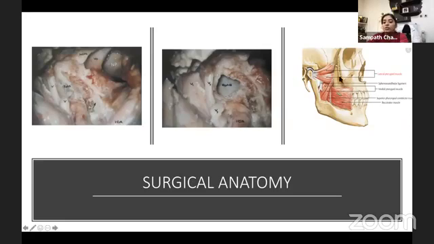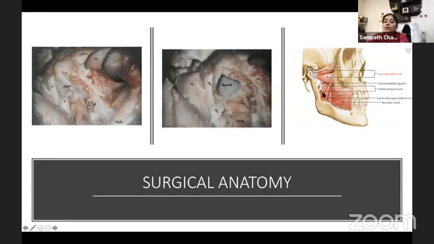Some of the muscles, if we remove in this region, we will get greater access. That is the lateral pterygoid muscle, which has its origin from the greater wing of sphenoid and the medial lamella of the lateral pterygoid plate, and inserts into the mandibular condyle, and the medial pterygoid muscle, which originates from the pterygoid fossa as well as the medial lamella of the lateral pterygoid plate, and inserts into the ramus.